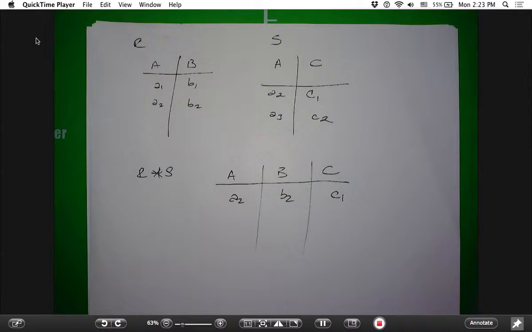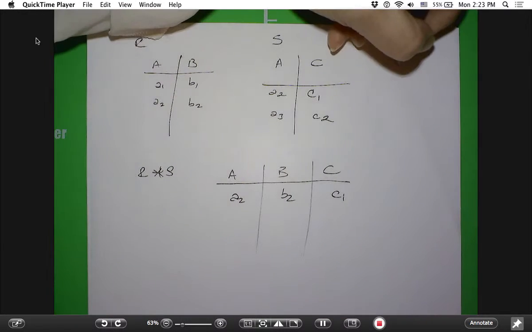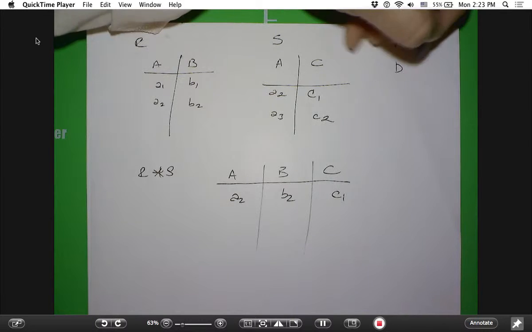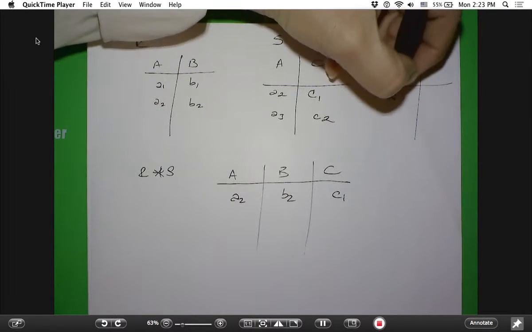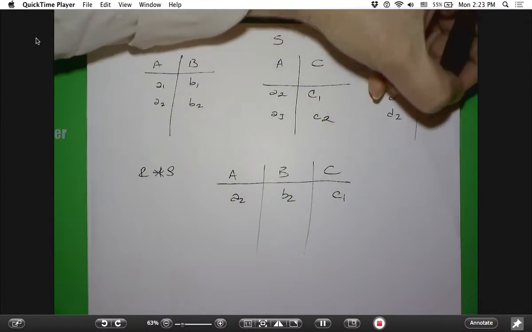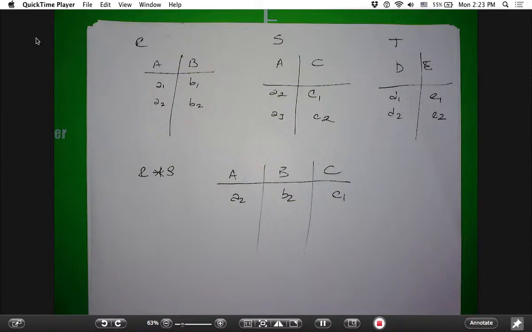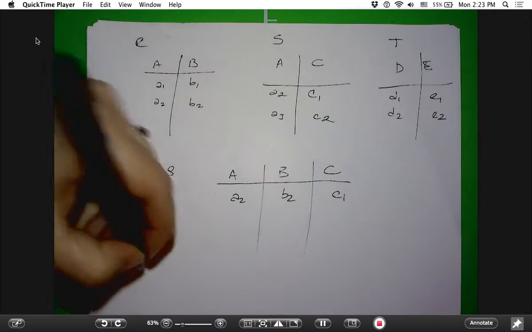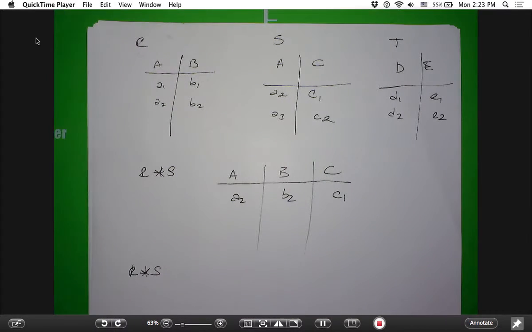Okay. Let's put another relation here, T. What is the natural join of R and T? What schema will it have?